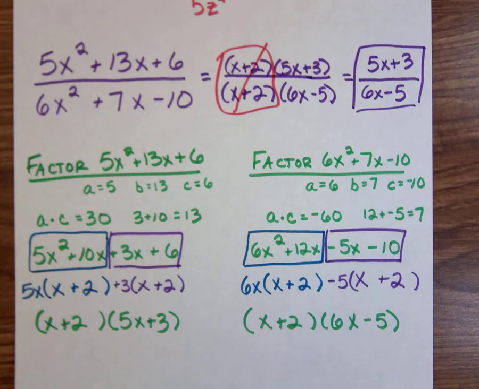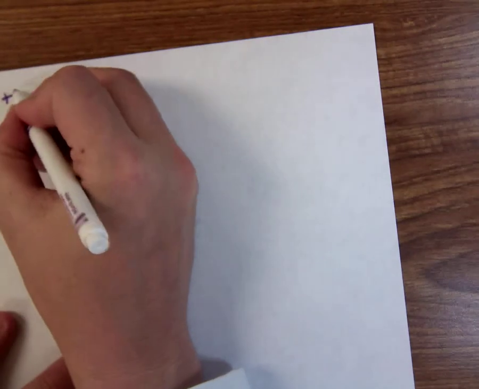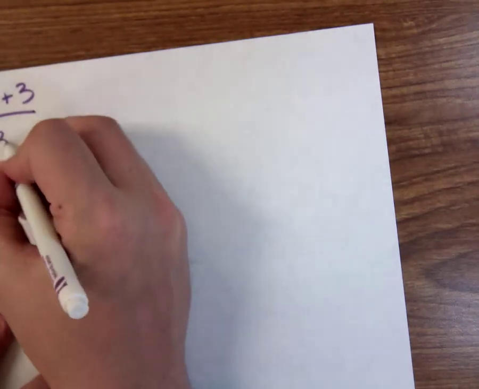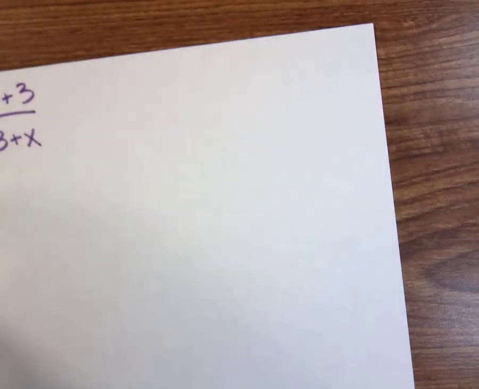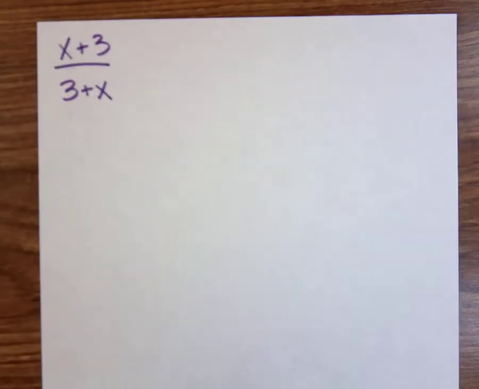Okay, we're actually going to take a step back a little bit. I'm going to show you some legitimately easier ones here. These are actually easier, not pretend easier, but these are tricky. What about that one?